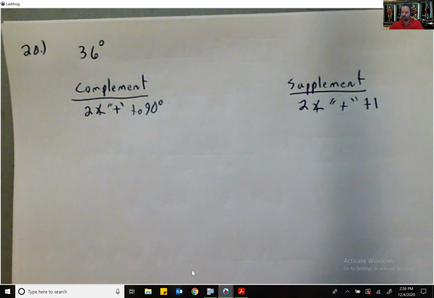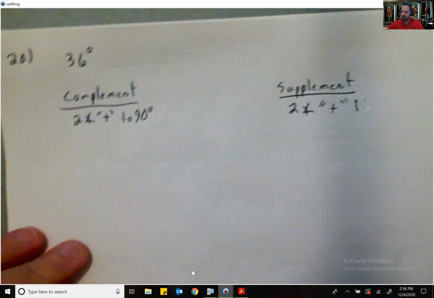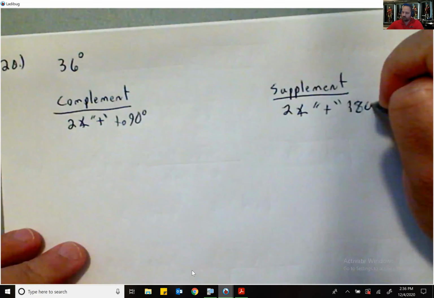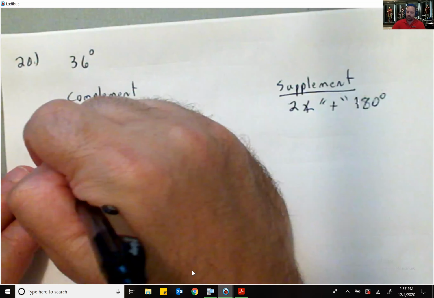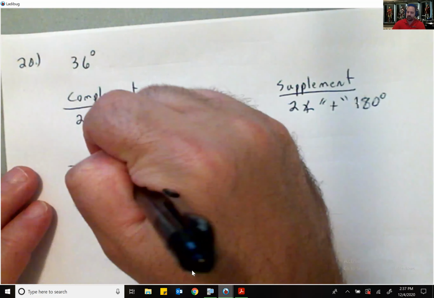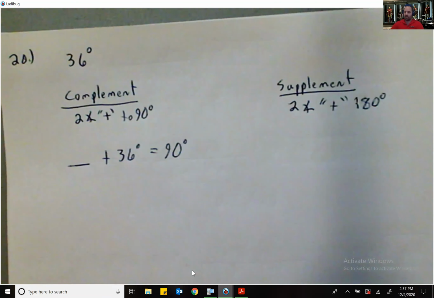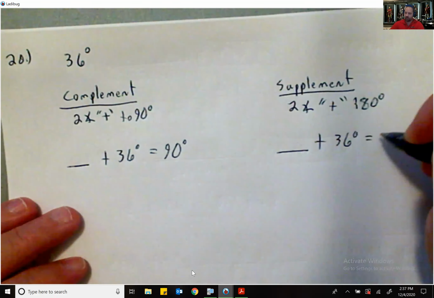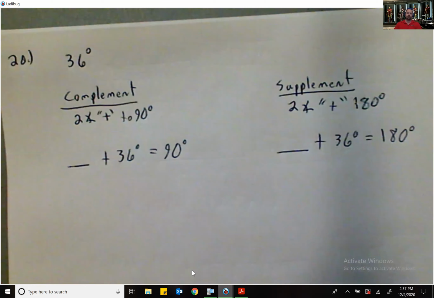So supplement is two angles that add to 180 degrees. So we want to know what plus 36 degrees equals 90 degrees, and what plus 36 degrees equals 180 degrees. That's what they're asking.